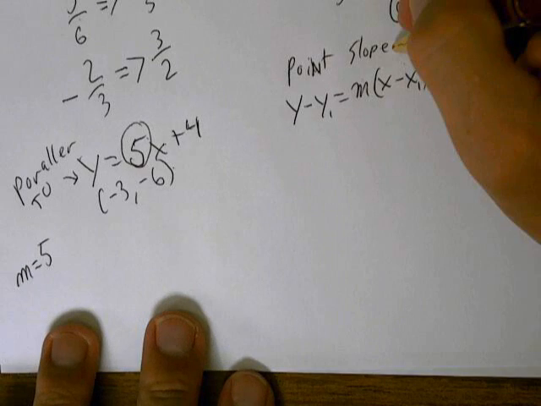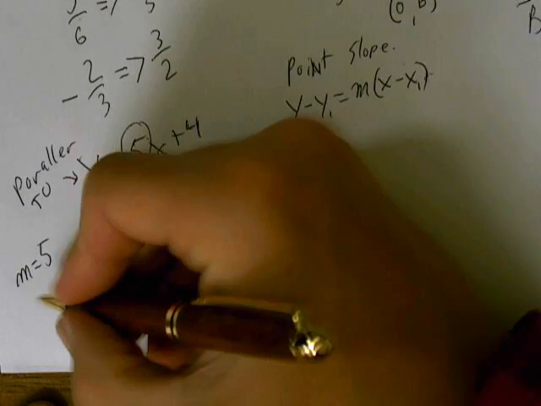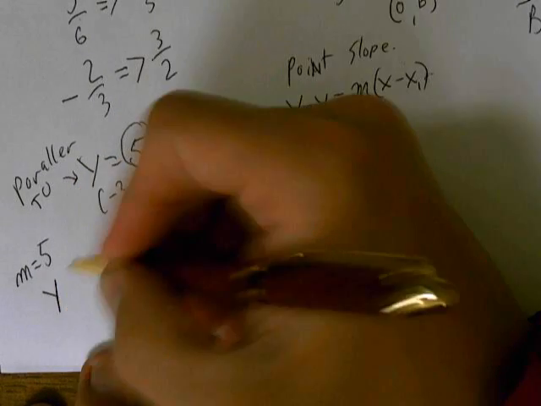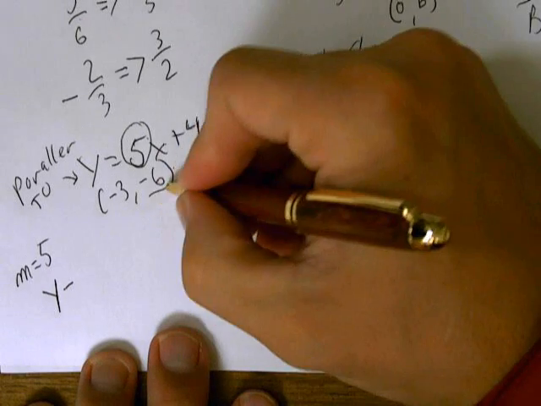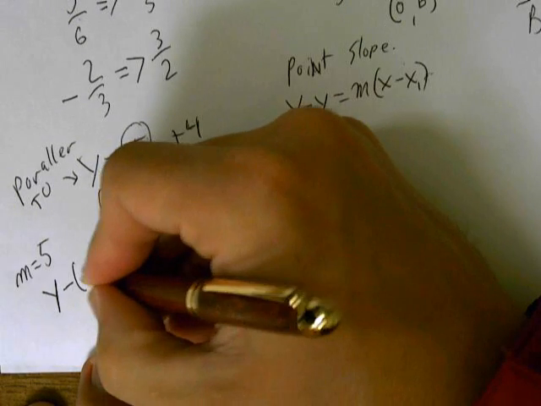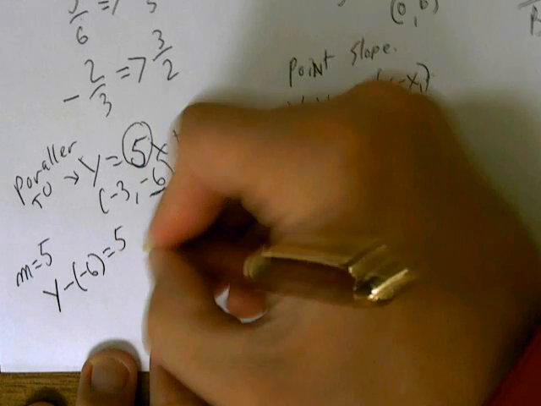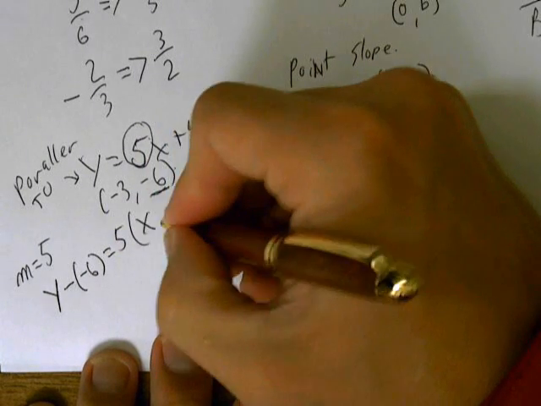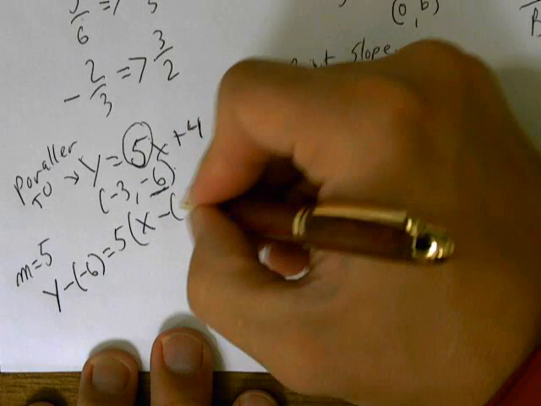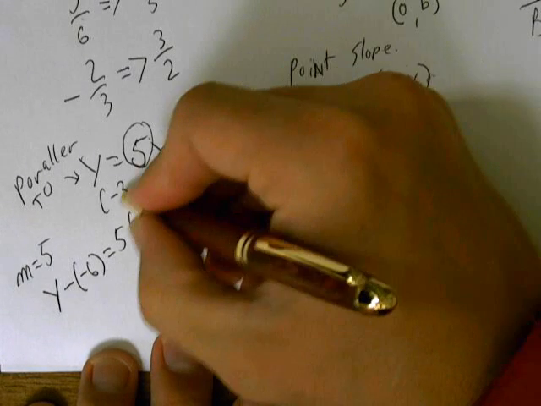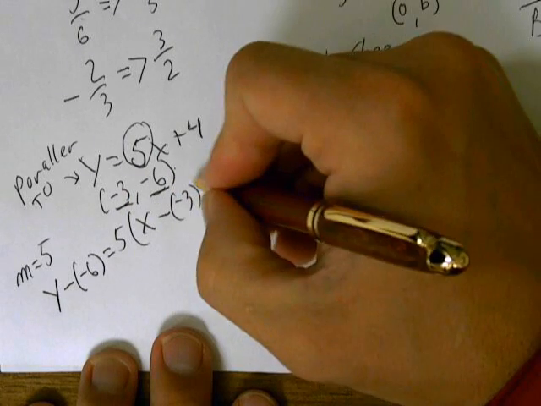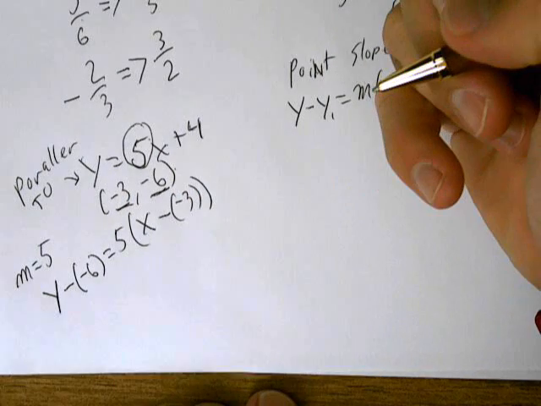I'm going to throw it in the point slope form. Okay, point slope form is y minus y1, so it's y minus -6 equals m, that's 5, times x minus, and that's, in this case, -3, that's my x value, x1, just like that.